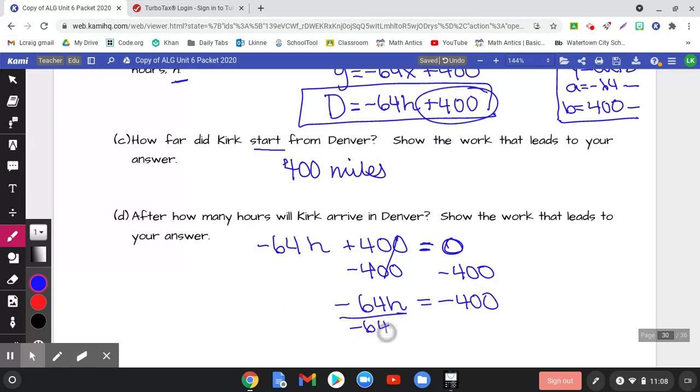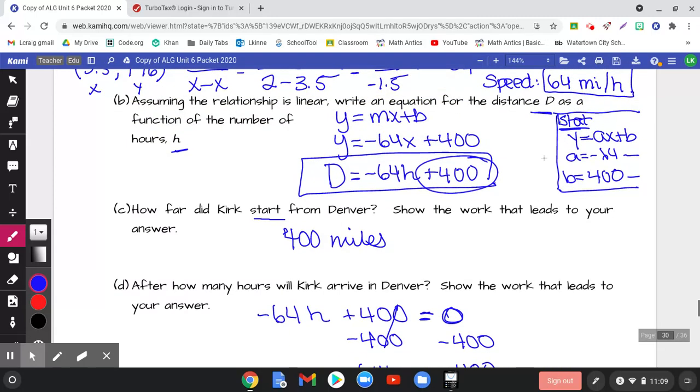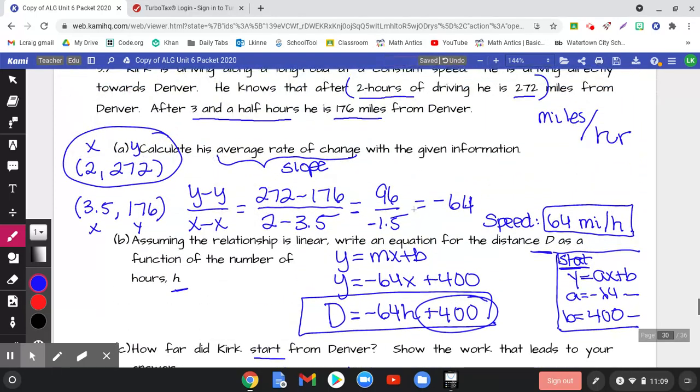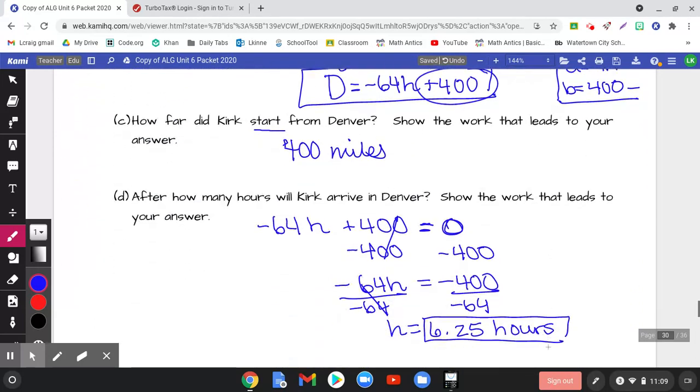Divide by negative 64. And the hours equals 6.25. But again, all this could have been generated just by using that stat function in your calculator. But if you'd like to do it this way, that's fine.